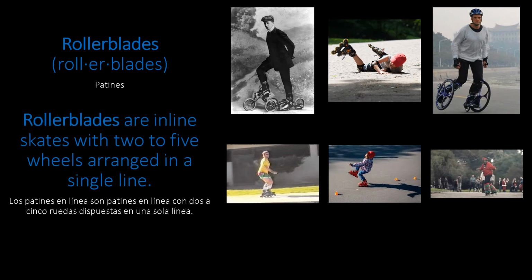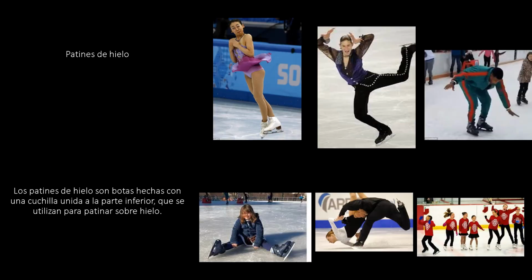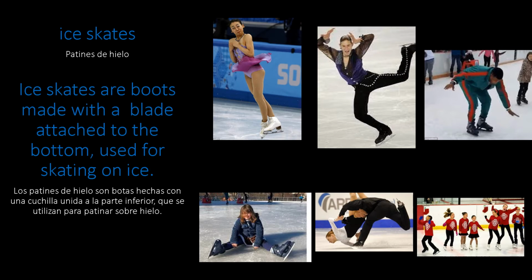Rollerblades are inline skates with 2 to 5 wheels arranged in a single line. Ice skates. Ice skates are boots made with a blade attached to the bottom, used for skating on ice.